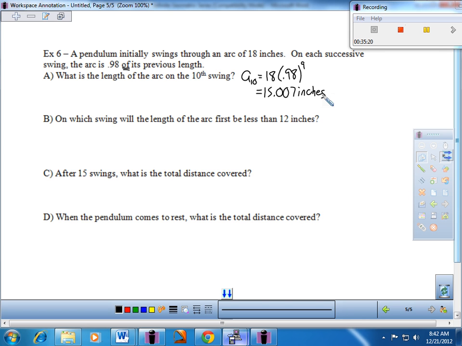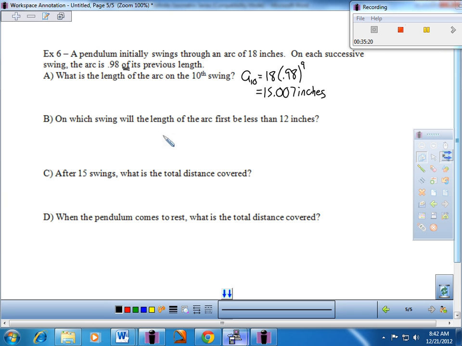Letter B. I like this one. On which swing will the length of the arc be less than 12 inches? Fascinating. So it seems like we're still in a sequence here. In this case, we have the value. We're looking for how many terms into this pattern, into this sequence, it'll hit 12.